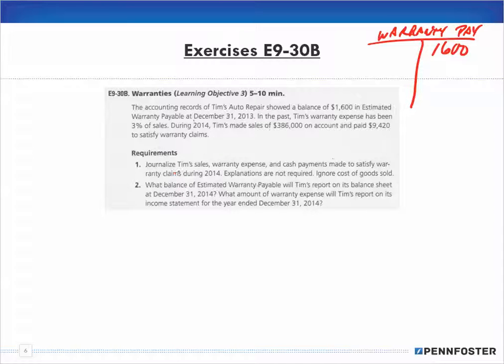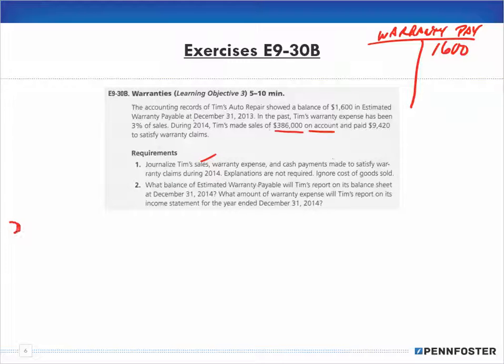All right, so journalize Tim's sales, warranty expense, and cash payments made to satisfy the warranty claims during 2014. As I was reading that and working through all that, it's like telling the future. Explanations aren't required, ignore cost of goods sold. So record the sale, right? 386,000 on account.